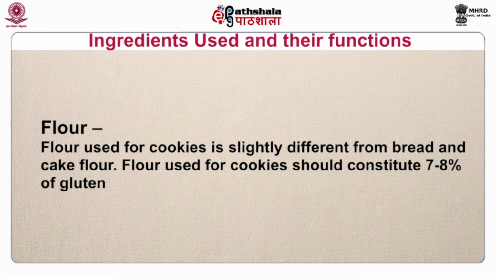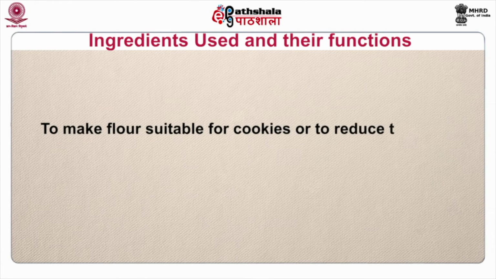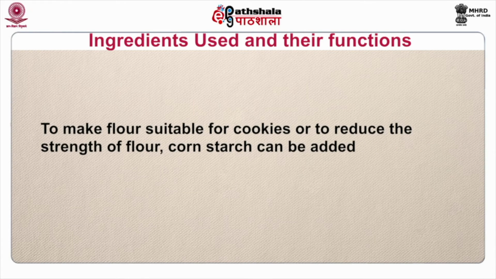Flour. Flour used for cookies is slightly different from bread and cake flour. Flour used for cookies should constitute 7 to 8% of gluten. This is also known as soft flour and is low in strength. Higher percentage of gluten is not suitable for cookies. To make flour suitable for cookies or to reduce the strength of flour, cornstarch can be added.